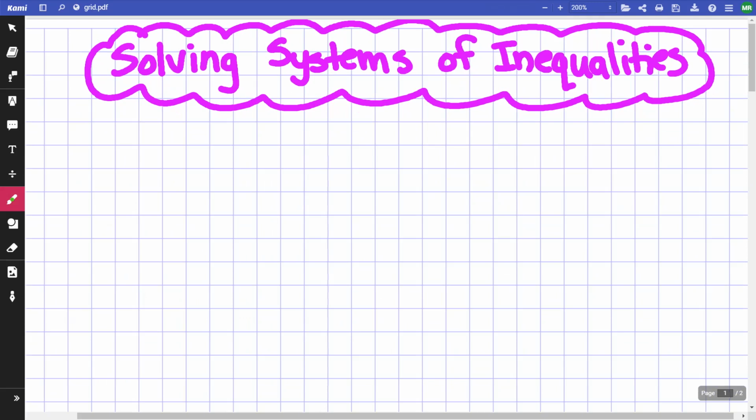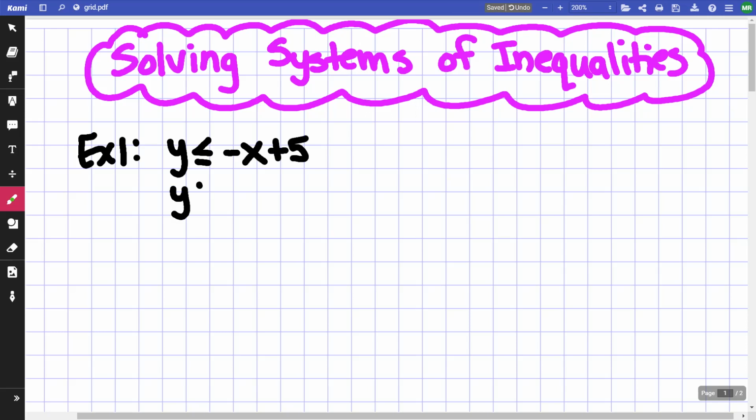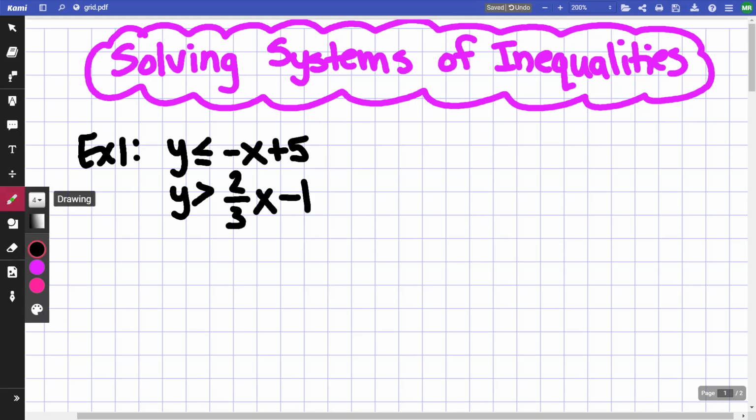So for the example, let's say we have y is less than or equal to negative x plus 5, and then y is greater than 2/3 x minus 1. So first off, I want to pay attention to what's going to happen.